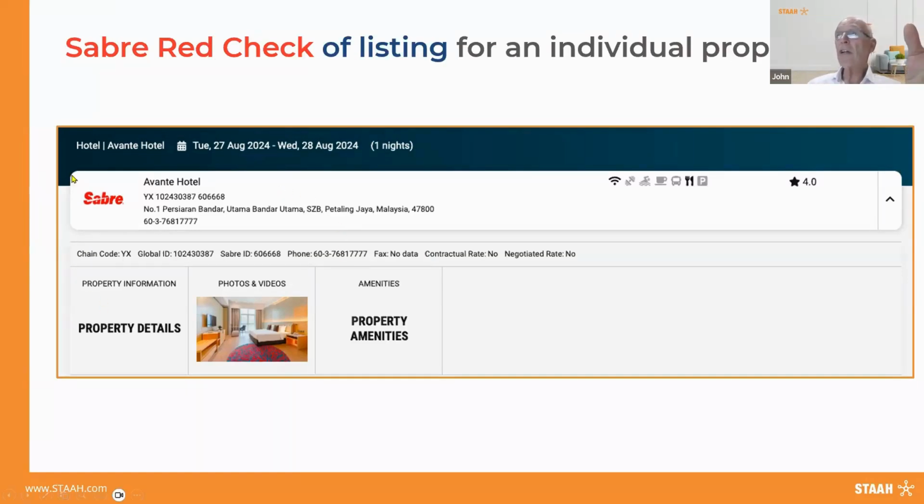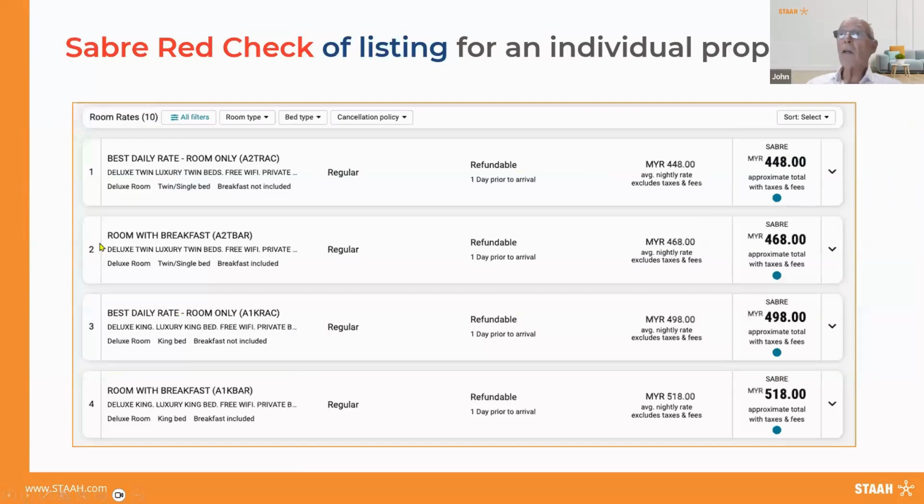And they can find, this is again just a sample hotel, the Avante Hotel in Petaling Jaya, Malaysia, or Kuala Lumpur really. And here the travel agent can see the best daily rate, room only, or that same room type with room and breakfast.